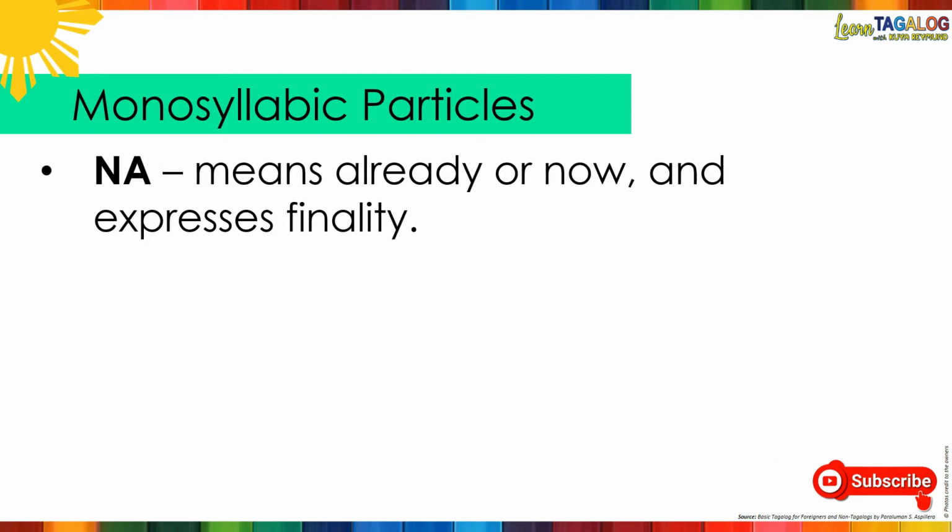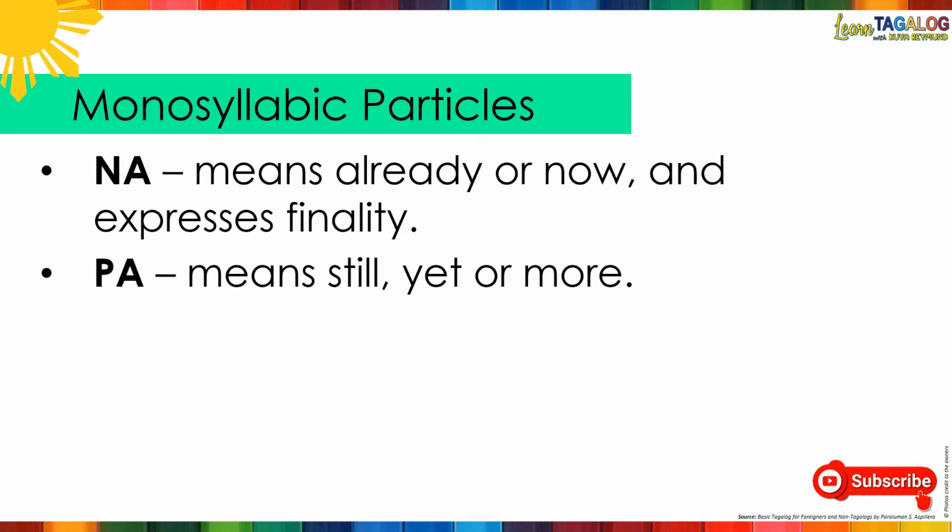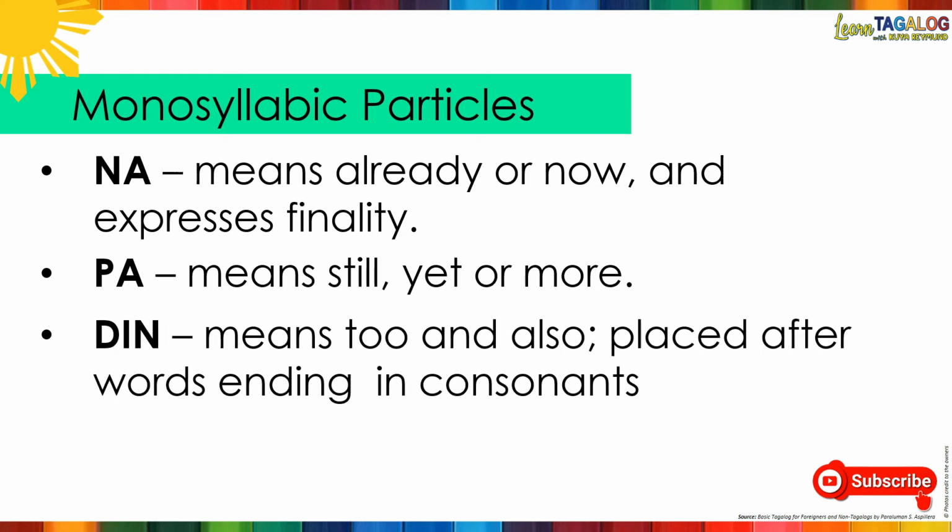We have the word na. So na means already or now and expresses finality. While the monosyllabic particle pa means still or yet, or also it means more. Pa means still, yet, or more. And then the monosyllabic particle din means too and also, and is usually placed after words ending in consonant.